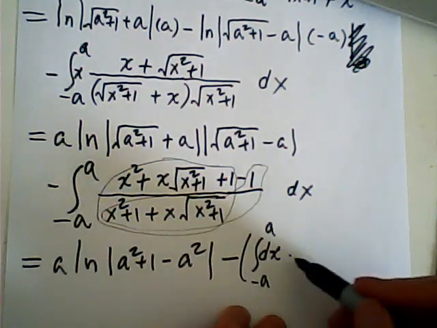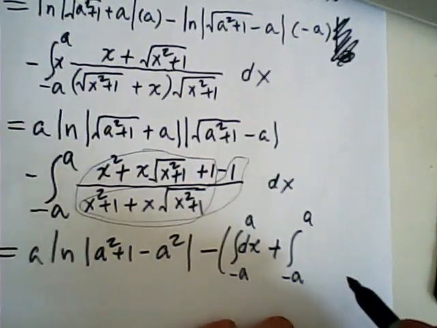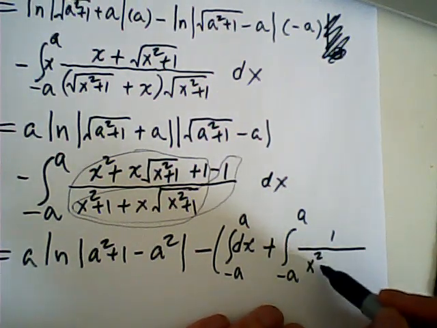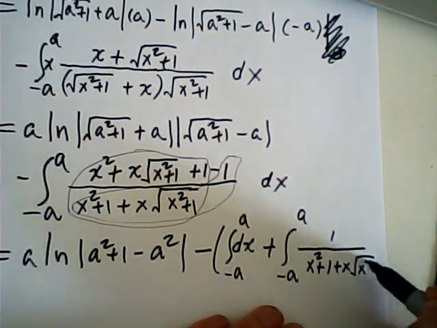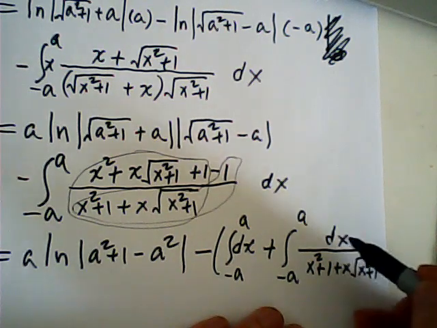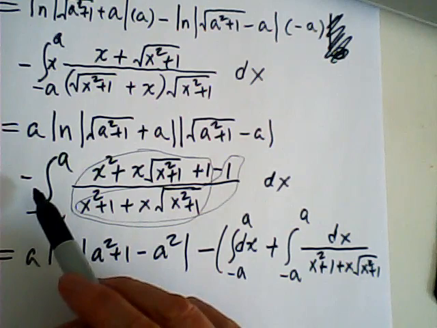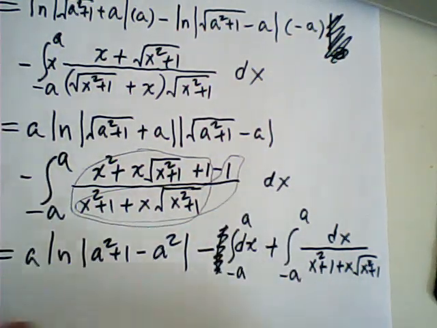And then minus becomes plus, from minus a to positive a, of 1 over square root of x squared plus 1 plus x, square root of x squared plus 1, dx. Wait a minute, this is minus, becomes plus, no more bracket. Okay, so far so good.